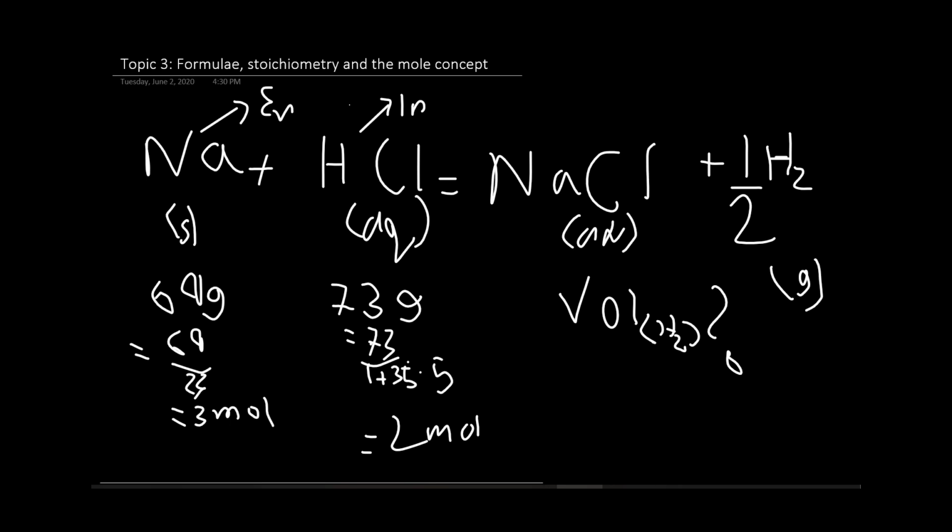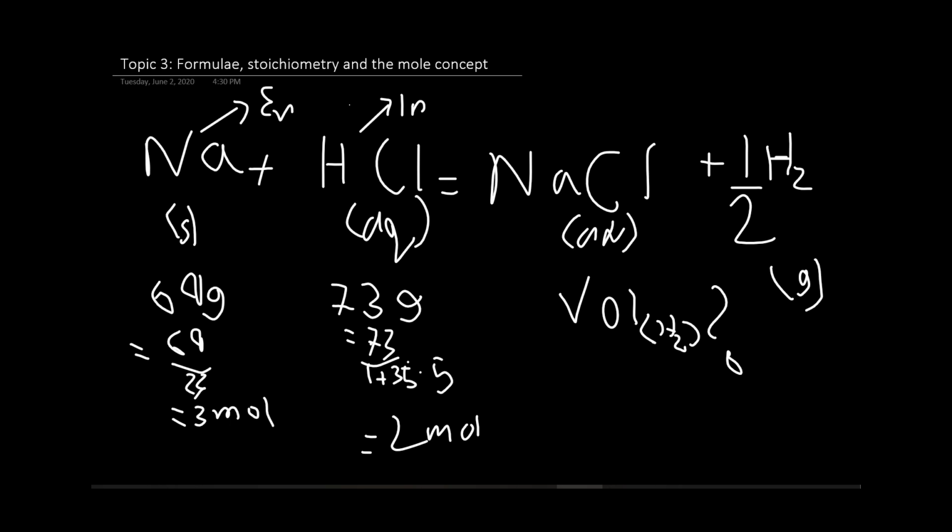Now the amount of products produced will always depend on the amount of your limiting reactant, right? So the amount of NaCl produced, or the volume of hydrogen produced, will depend on the limiting reactant, which in this case is hydrochloric acid, right?